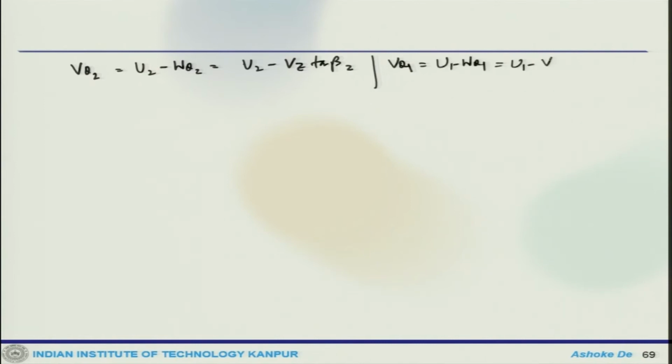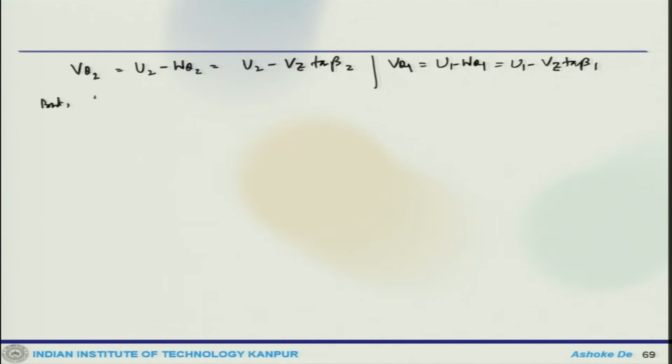One can write that V theta 2 is u 2 minus W theta 2, so this would be u 2 minus V z tan beta 2, and V theta 1 is u 1 minus W theta 1, which would be u 1 minus V z tan beta 1.